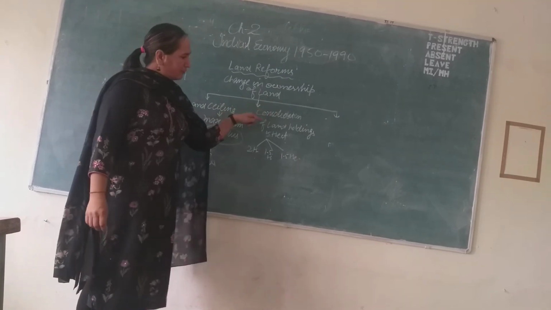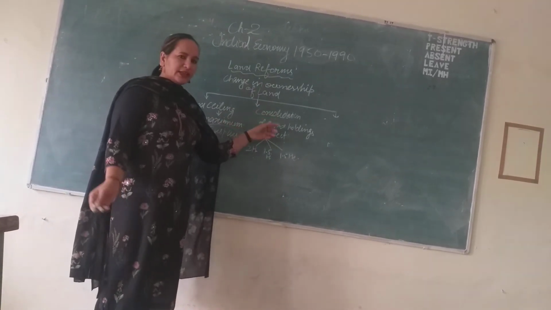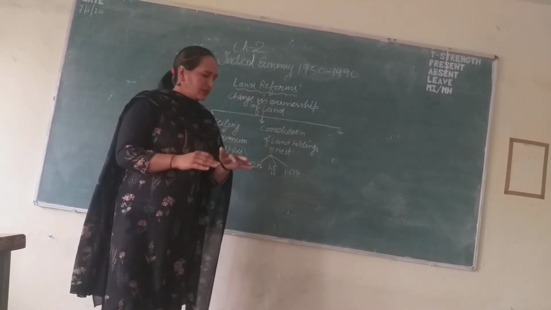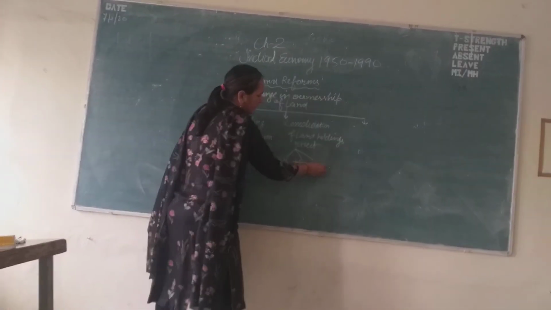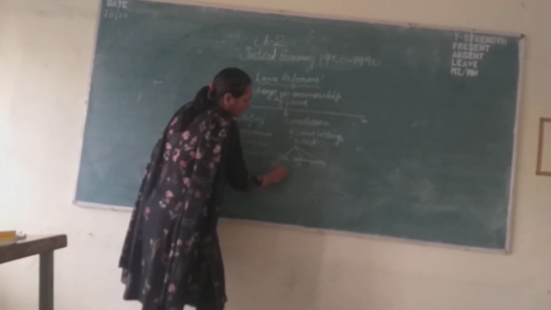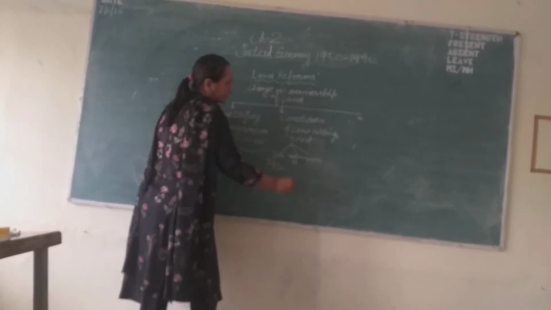Consolidation means at one place. Rather than these three pieces of land, the person will be given 5 hectare of land at one place.